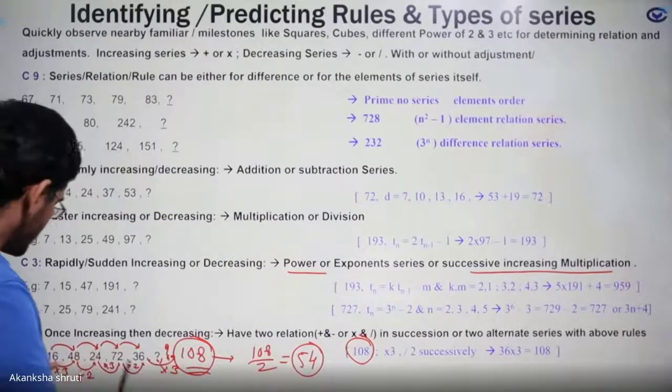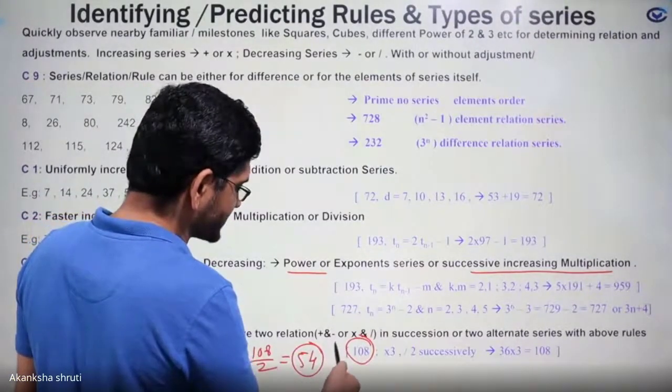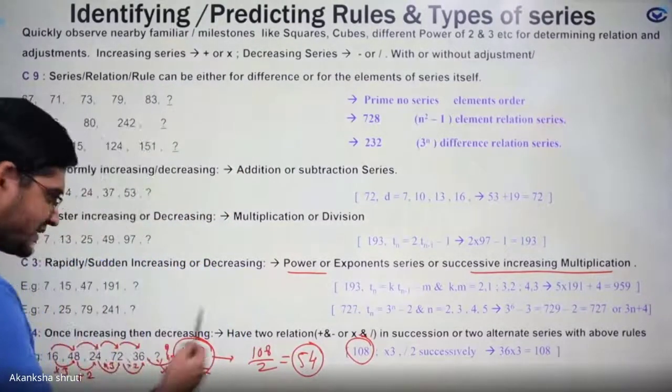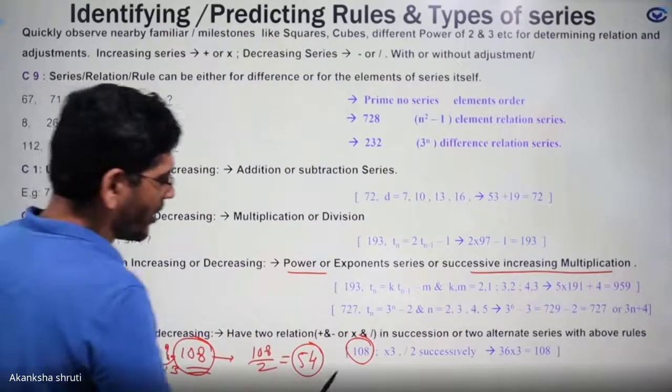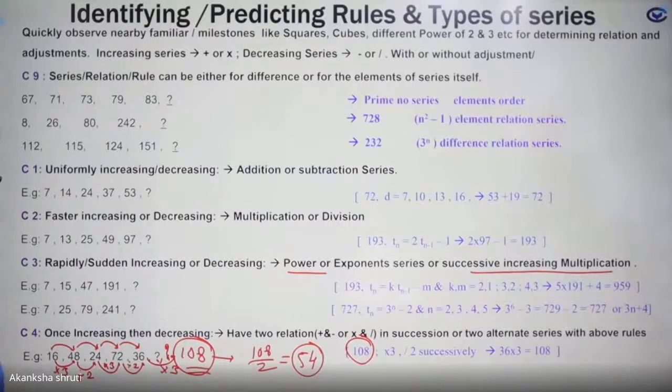So it means multiplication, division or addition, subtraction are applied in the same series in succession, or it may be possible that two alternate series are there. Students, this can also be broken into two alternate series that we will see later.